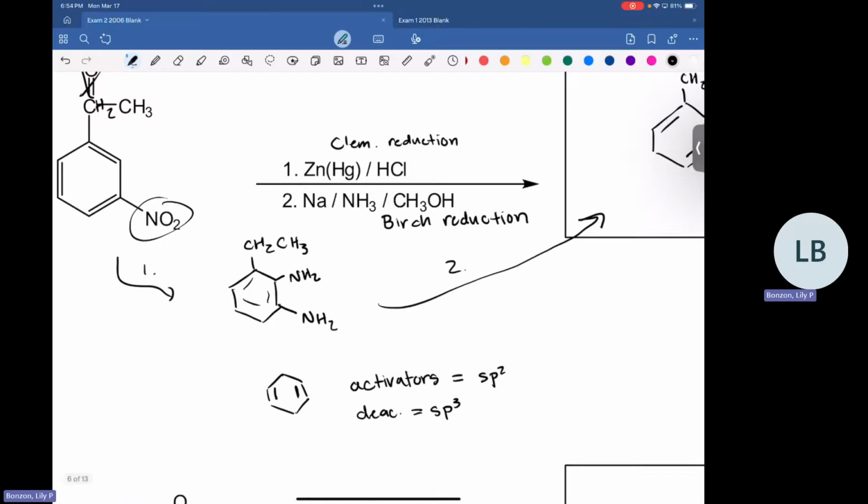One thing I forgot to mention, the double bonds have to be across from each other. It has to do with the resonance of the ring and the electrons going around. In this case, it didn't matter. Both of them could be on the sp2. But his question was, if you had to pick, we put the stronger activator on the sp2. And that was if it was in that position instead.